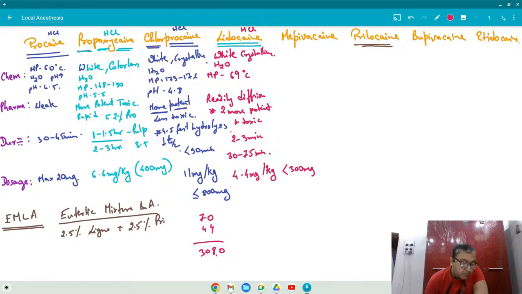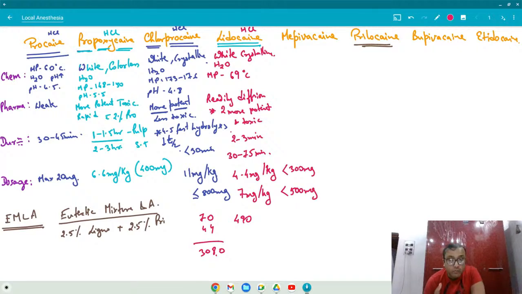But if you are using it with vasoconstrictor, then it becomes 7 milligram per kg. If it is 7 milligram per kg, how much does it come to? It comes out to be 490 milligram. So remember, it should be less than 500 milligrams.